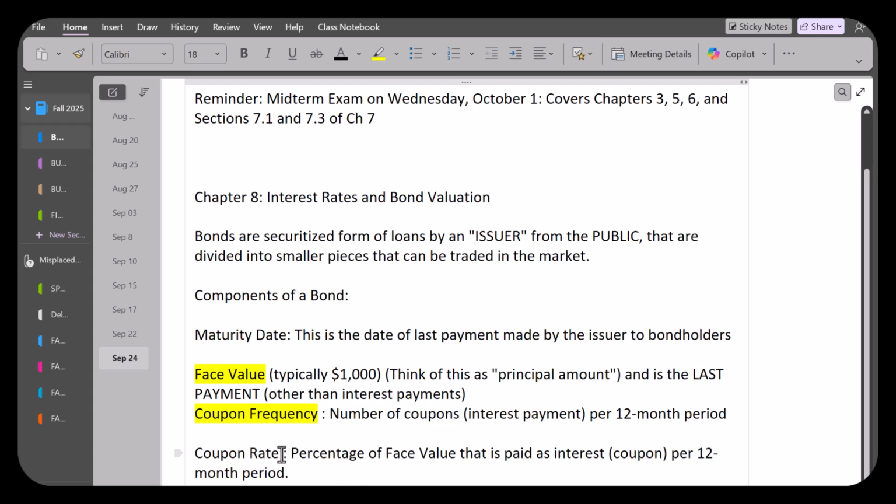So if you have a 5% coupon rate bond with a face value of 1,000, that means for every 12 months, this thing is going to pay $50 as coupon, 5% of the face value. Coupon amounts.